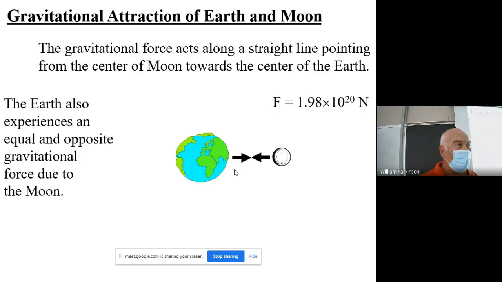Well, the mass of the Earth is 10 to the 24. So you would divide this F, which is 10 to the 20, that's a big number, by an even bigger number. And what you would get for an acceleration of the Earth is a very tiny number. So the Earth is so massive compared to the moon that even though there's a huge force that the moon exerts on the Earth, there's not much acceleration that the Earth feels.